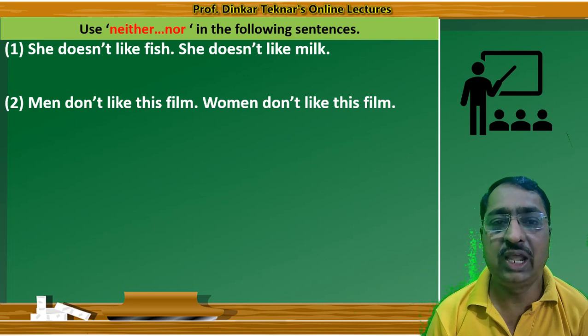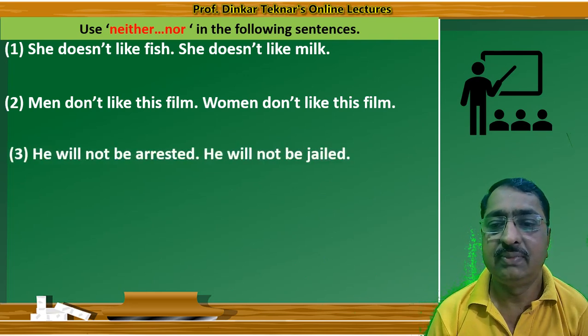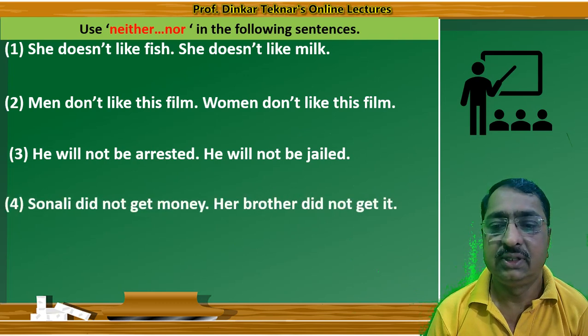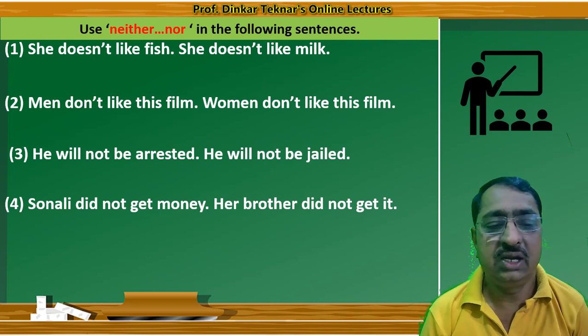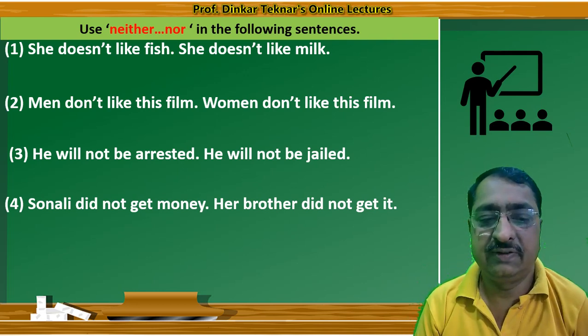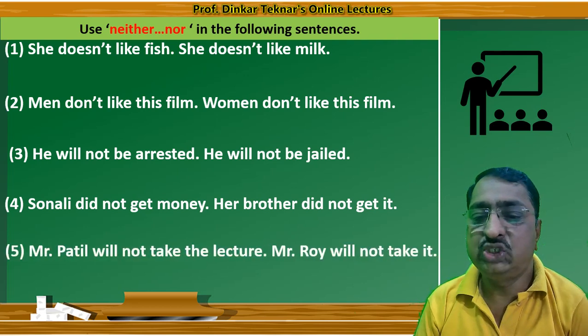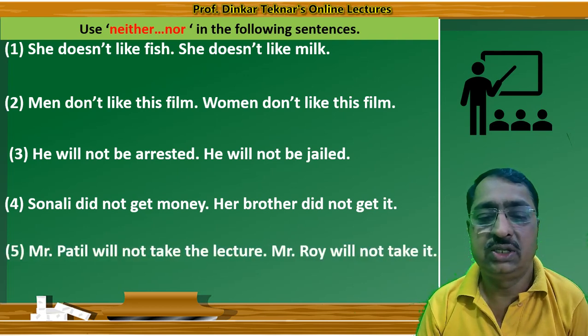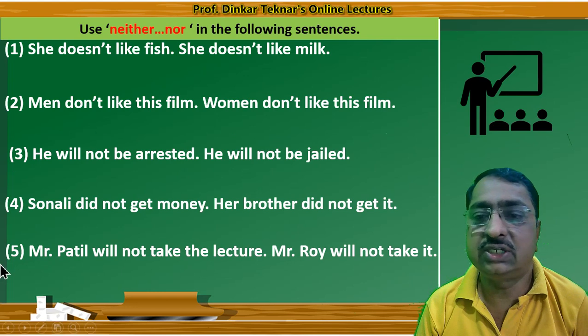Women don't like this film. He will not be arrested. He will not be jailed. Sonali did not get money. Her mother did not get it. Mr. Patil will not take the lecture. Mr. Roy will not take it.